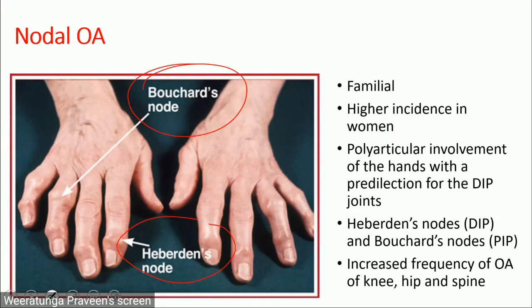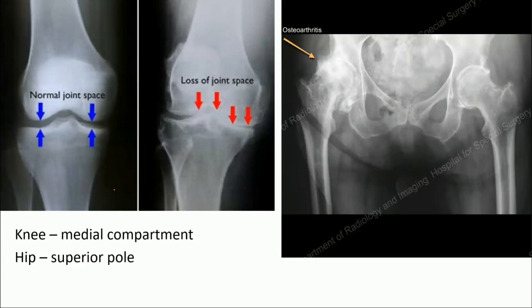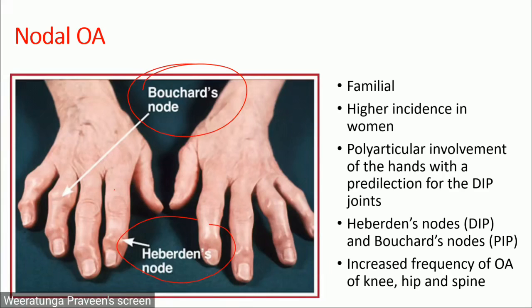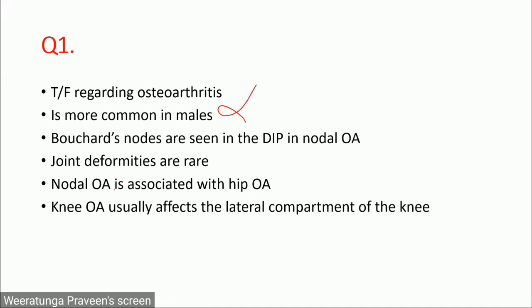Nodal osteoarthritis has a familial association and typically causes polyarticular involvement of the small hand joints. But it can also cause increased frequency of osteoarthritis in the knee, hip, and spine as well. So Bouchard's nodes are in the proximal interphalangeal joint, not in the DIP. DIP is Heberden's nodes.